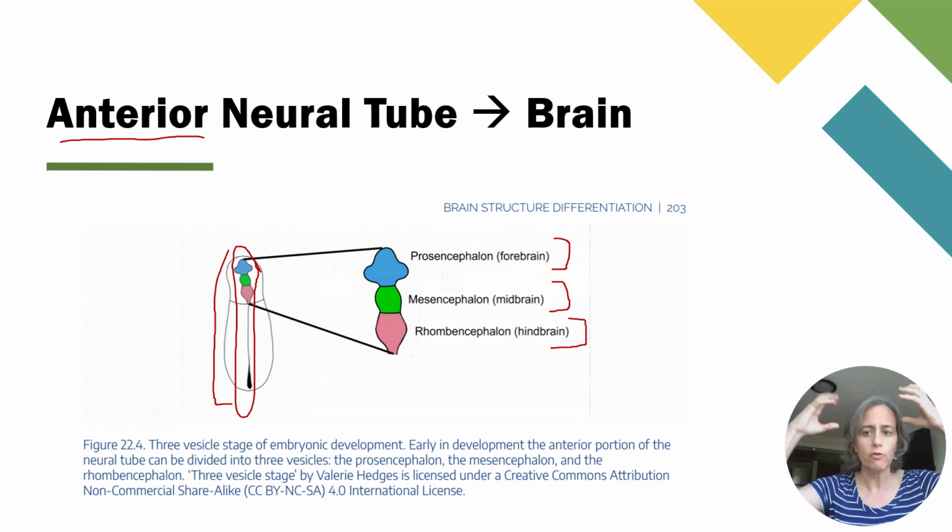And then it's going to start to form three distinct little chambers, the prosencephalon, mesencephalon, and rhombencephalon. And those three little ballooned out parts of the tube are going to end up forming the brain. The rest of the neural tube is going to end up forming the spinal cord. Okay, so let's focus in on these three that are going to form the brain. How do they do that?